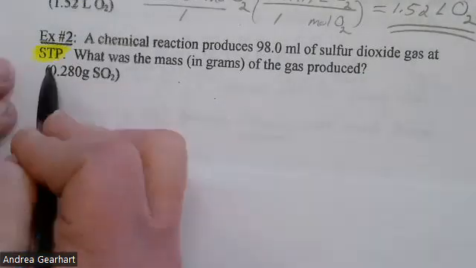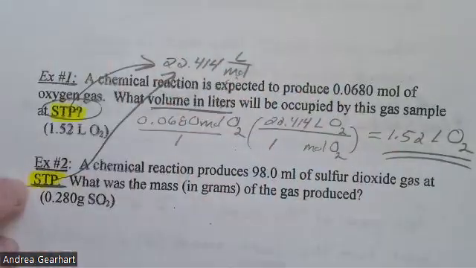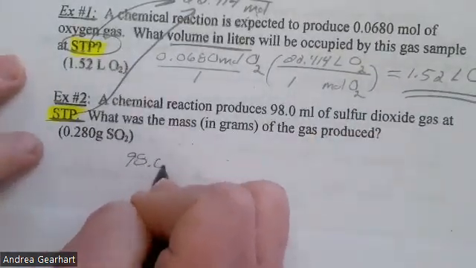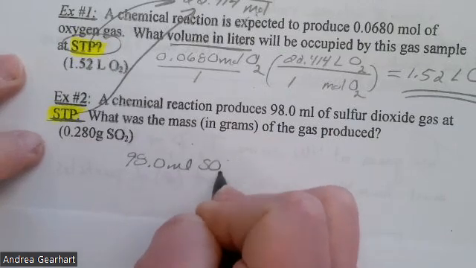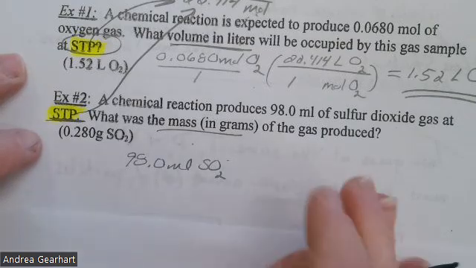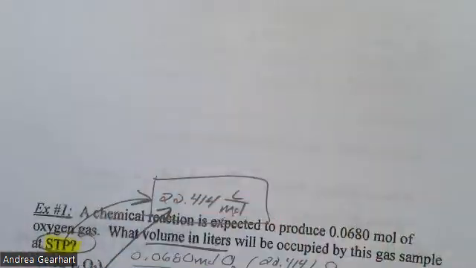Next, we're at STP. Yay! So we can use this. We have full access to it. So we're starting with 98 milliliters of sulfur dioxide and ask for grams. Well, molar volume is liter per mole.